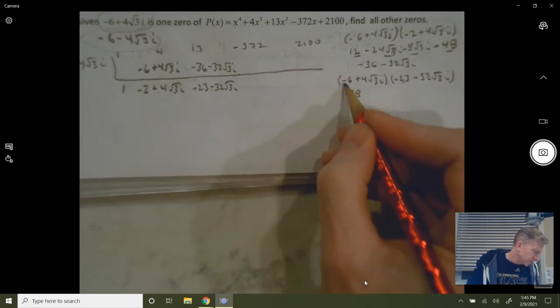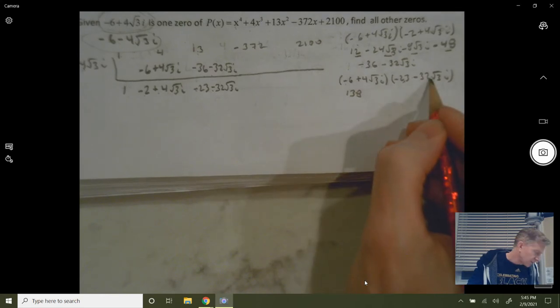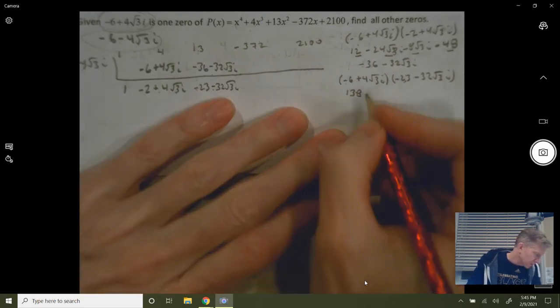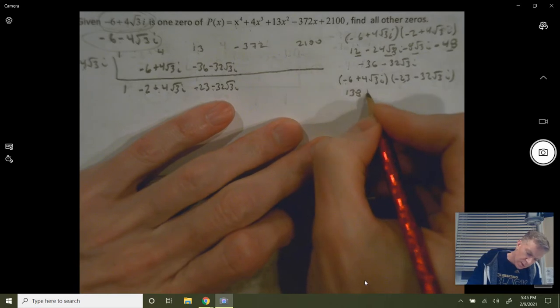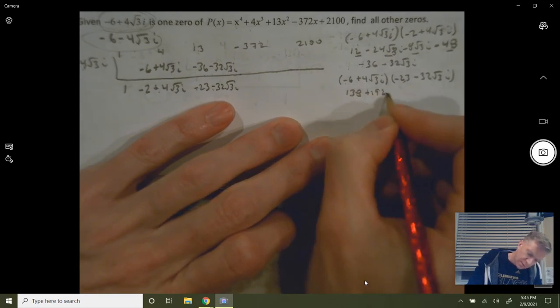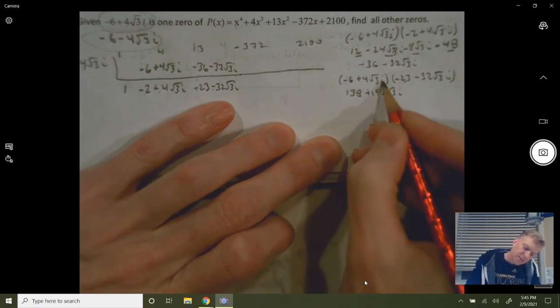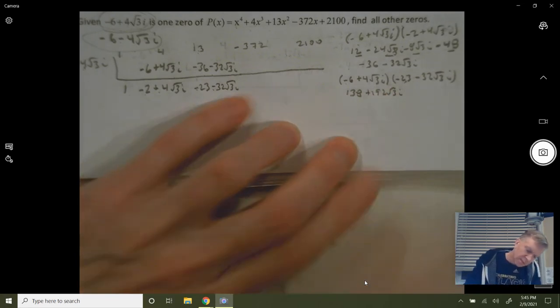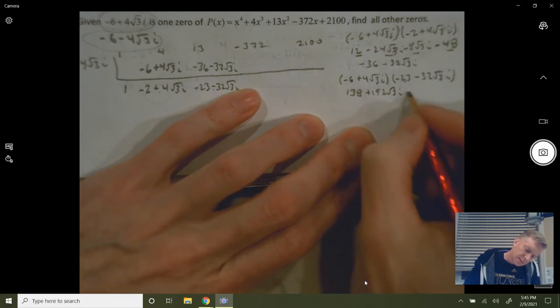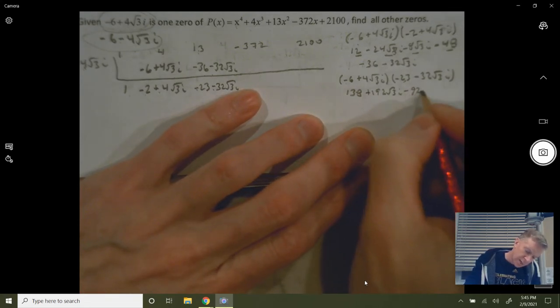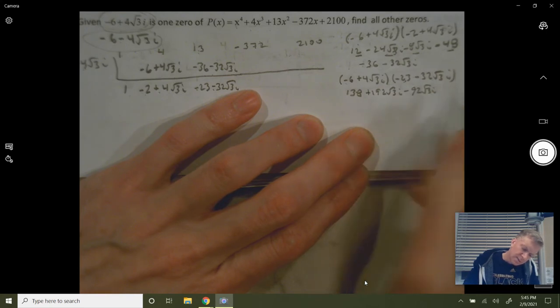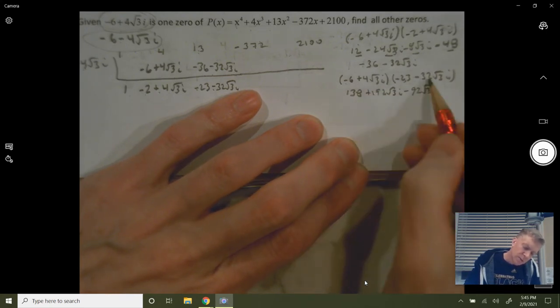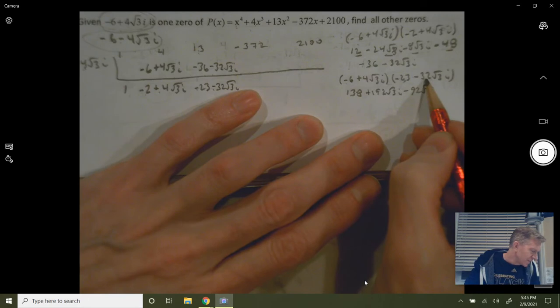The outers, negative 6 times negative 32 rad 3i, give me plus 192 rad 3i. The inners, 4 rad 3i times negative 23, give me minus 92 rad 3i. And then the lasts: I've got 4 times 32, which is 128, times 3, which is 384. What is that?